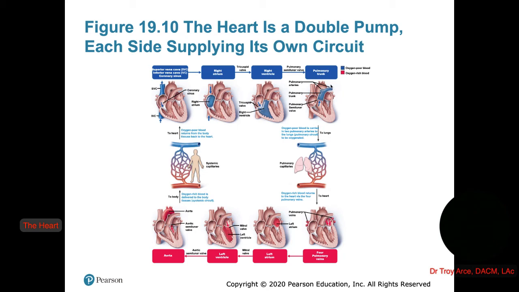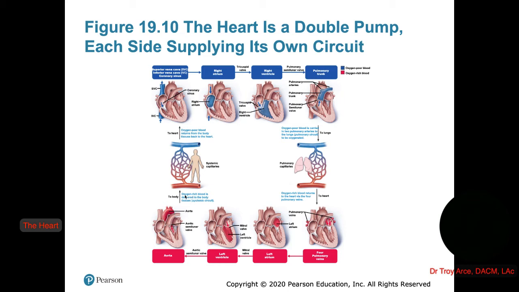And the lungs do their thing, exchanging that CO2 with O2, and bring it back to the heart into the left atrium. The left atrium is then filled with blood, and then it goes down to the left ventricle through the mitral valve. Then the left ventricle contracts, and oxygenated blood is pumped through the aorta up to the different tissues of the body. And then it repeats itself.